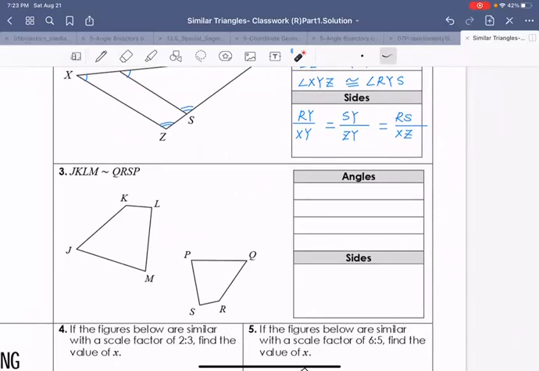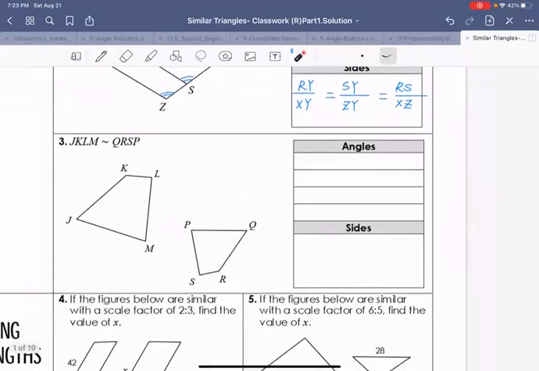Albert, let's do the next question. They give us JKLM. So J corresponds to Q, okay? That makes sense? Yeah.